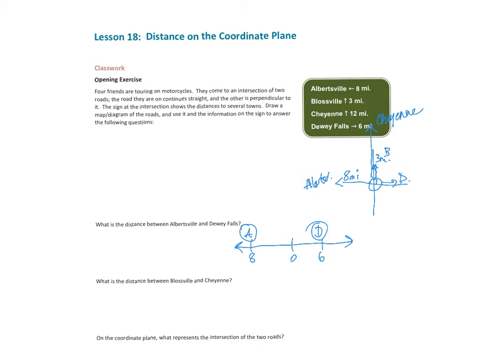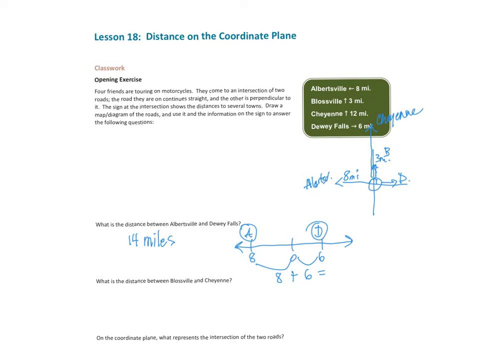There's D. Okay, so I'm going a distance of 8, and I'm going a distance of 6. So that must mean we are at 8 plus 6, which is 14 miles. Do I have to say anything more than that? I drew it, I've explained it, I've added it, I think we're good, and I labeled it.